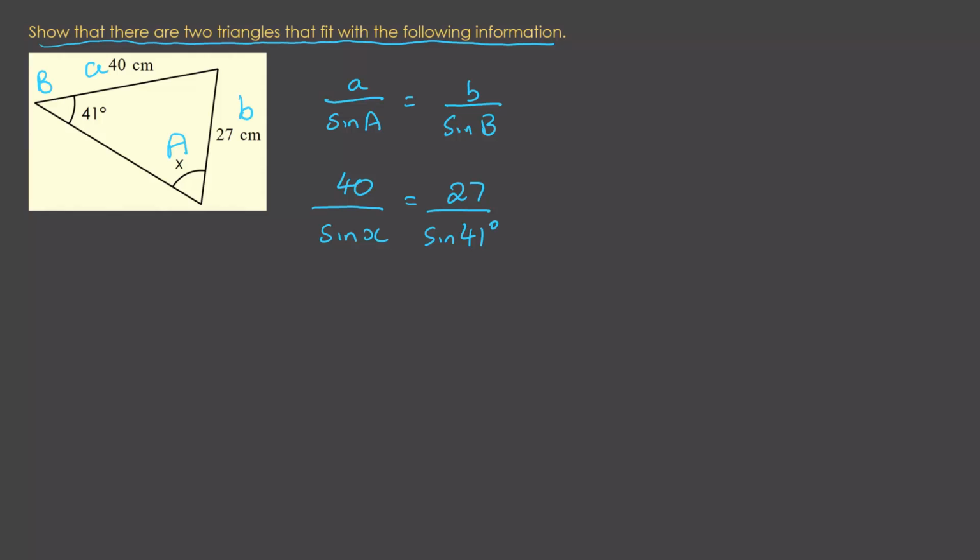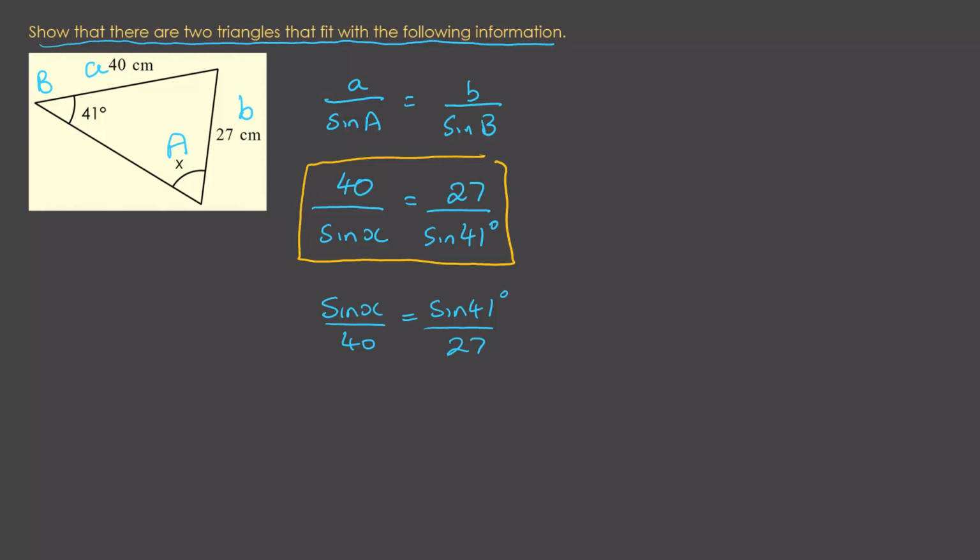Okay, so again I'll come back here and we'll look at the CAS shortly. For now, let's solve by going sine x over 40 is sine 41 over 27.